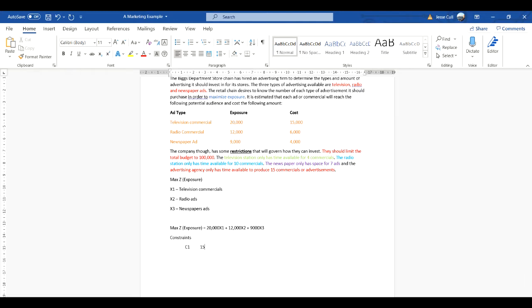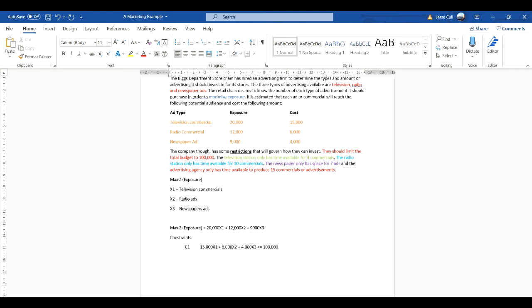So we have 15,000 x1 plus 6,000 x2 plus 4,000 x3. And this must be less than or equal to our total available budget of 100,000. That's our first constraint.